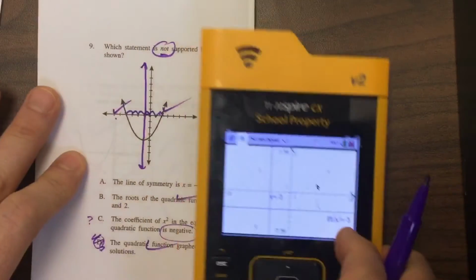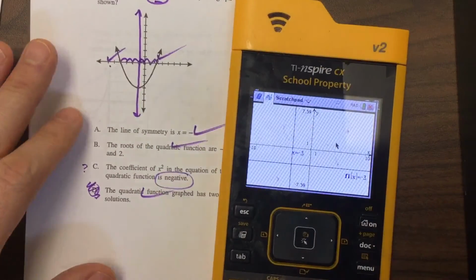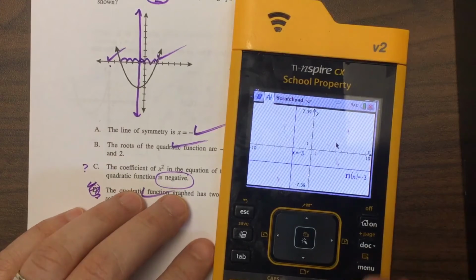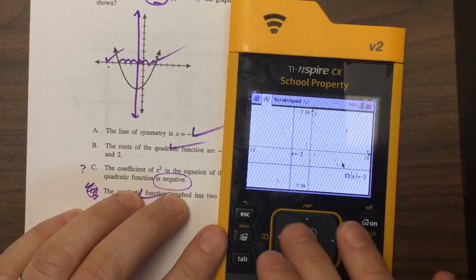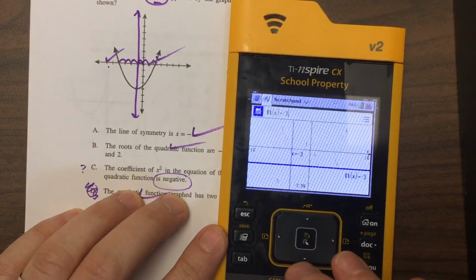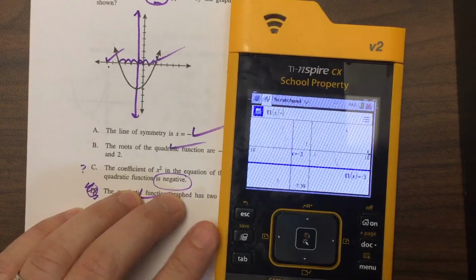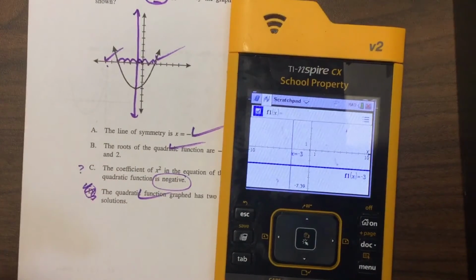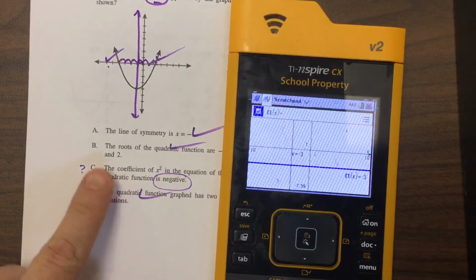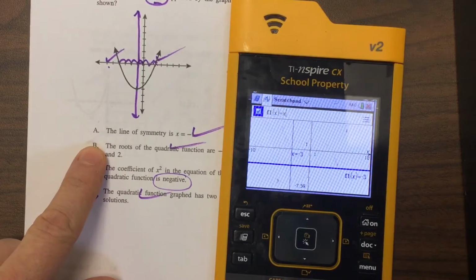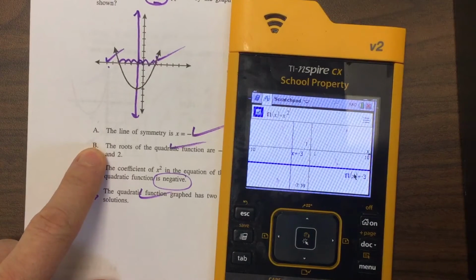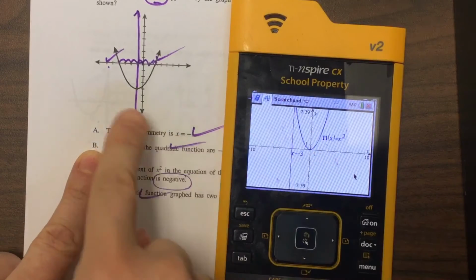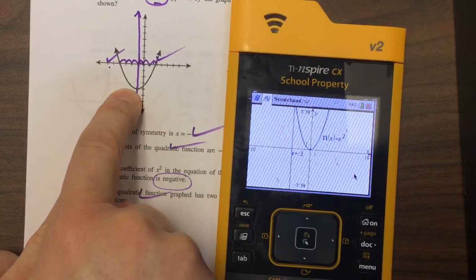But let's say, because I had a student that came to me with this question today, and he didn't know. What I wished he had done, and maybe he did, actually, no, this is the only one he got wrong. And this is how he could have figured it out just on his own. Type in x squared. That's a positive. That's going the same direction as the one I'm looking at.